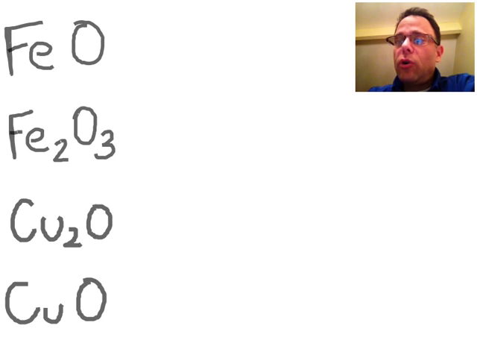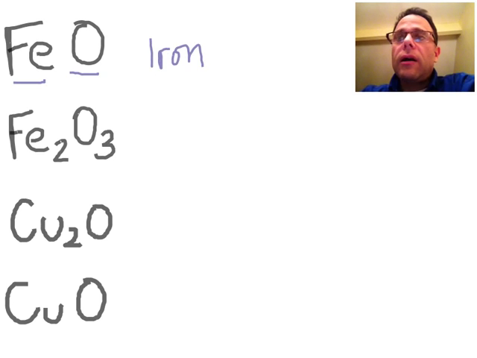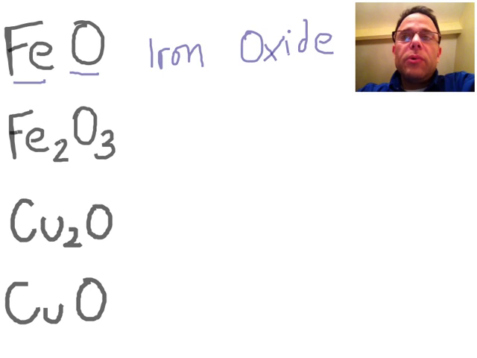Okay, everyone, we're in the home stretch. I just want to change the color of the pen. There we go. Now this is iron, and that is oxygen. Typically, we would call that iron oxide, similar to the first objective. But let's take a deeper look at this. Oxygen is a -2.